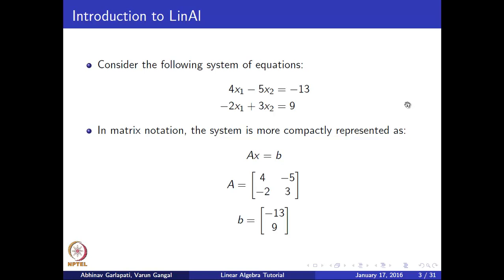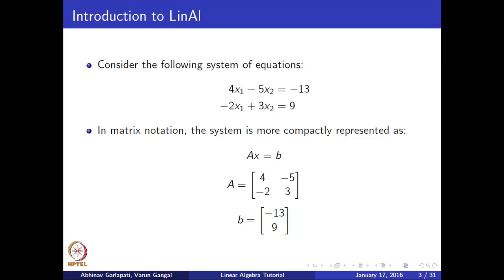We can see here a system of linear equations, two equations and two variables: 4x1 minus 5x2 equals minus 13, and minus 2x1 plus 3x2 equals 9. We can right away see the advantages of matrix notation. You can represent the same system of two equations directly as one equation in the form Ax equals b, where A is the set of coefficients and x is a 2 cross 1 matrix, two rows and one column, or a two-dimensional vector x1, x2.